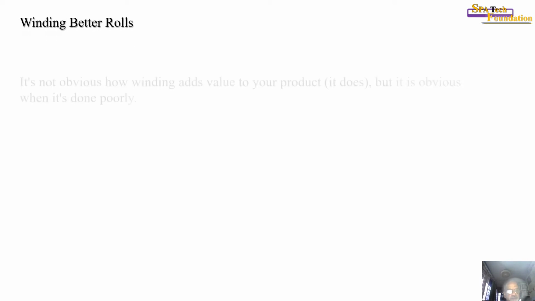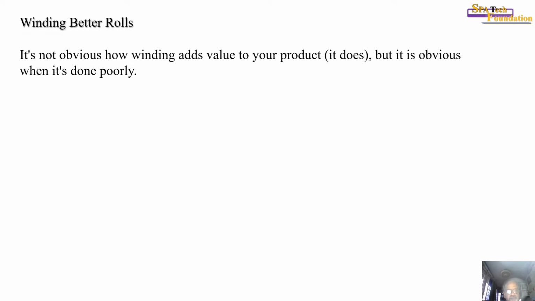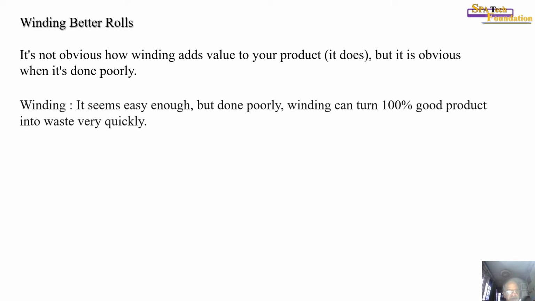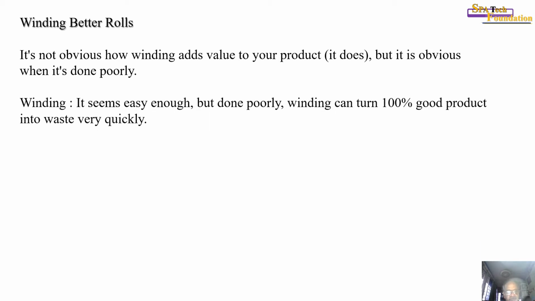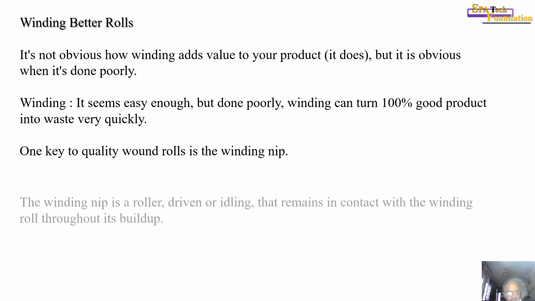Winding a better roll. It is not obvious how winding adds value to your product. It does, but it is obvious when it is done poorly. Winding seems easy enough, but done poorly, winding can turn 100% good product into waste very quickly. One key to quality wound rolls is the winding nip.